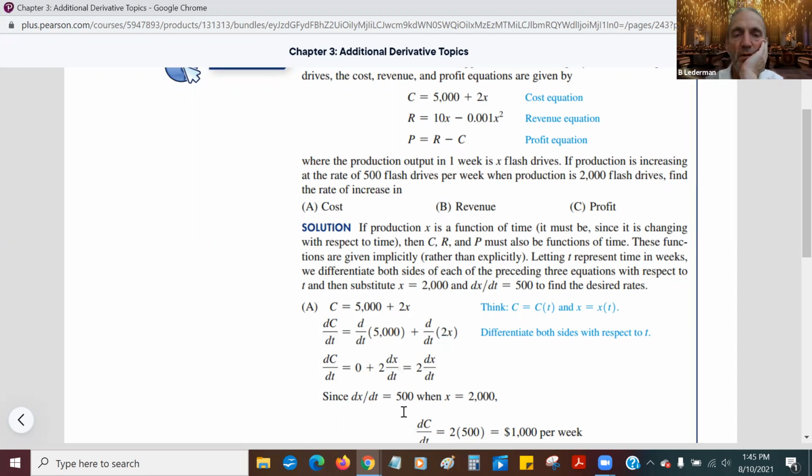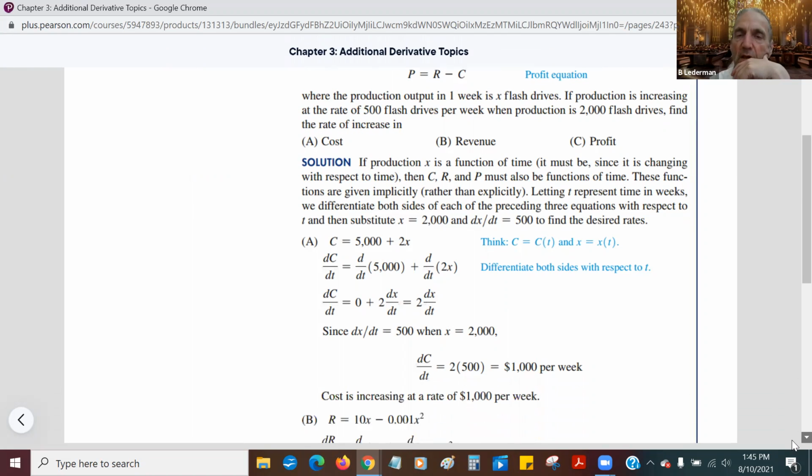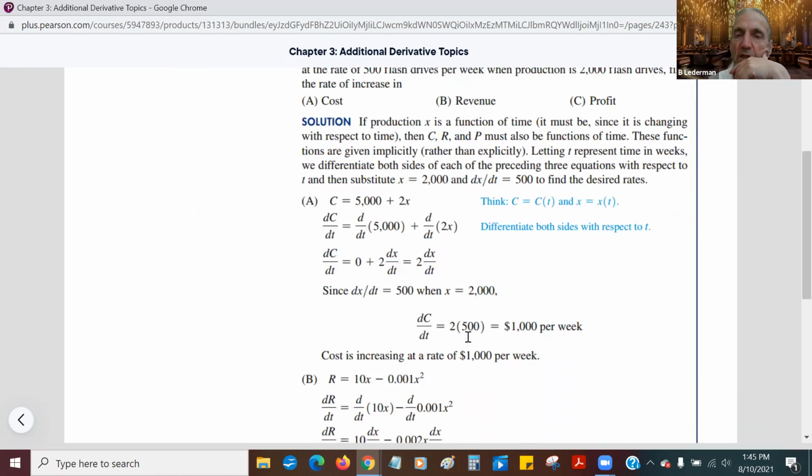Since we know that dx/dt is equal to 500 when x equals 2000, dC/dt is going to be 2 times 500, which is $1,000 per week. So cost is increasing at a rate of $1,000 per week.